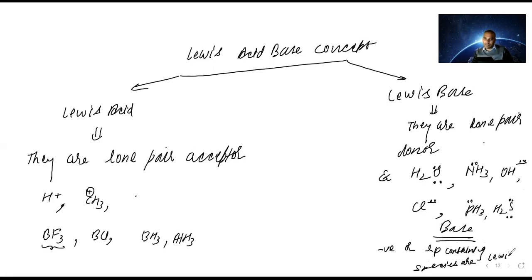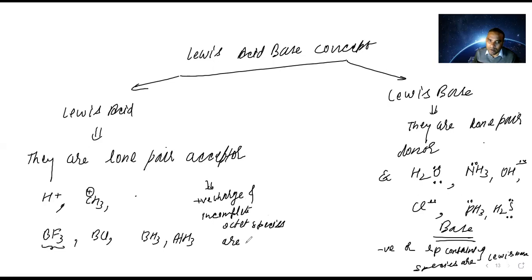Are you able to understand? Here, what we can write is positive charge and incomplete octet species. These are Lewis acids.